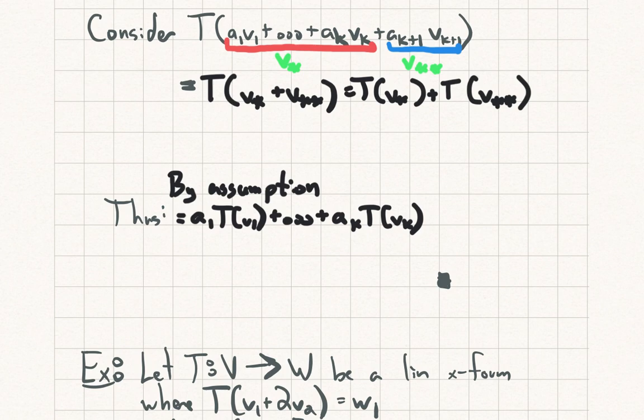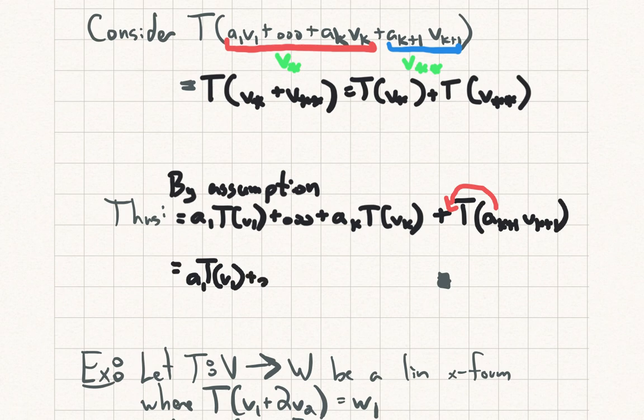And then we just have this T of a(k+1)v(k+1) here, but we can just use the second property of a linear transformation, that we can take scalars outside, to finish this off. So this is the same thing as a1 T of v1 all the way to ak T of vk, and then finally plus a(k+1) T of v(k+1).